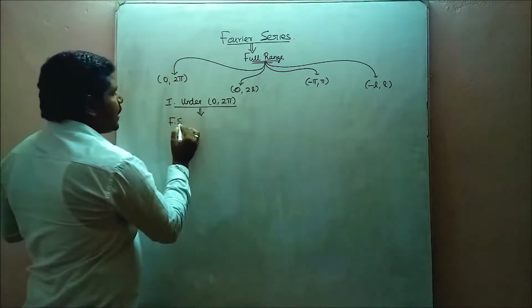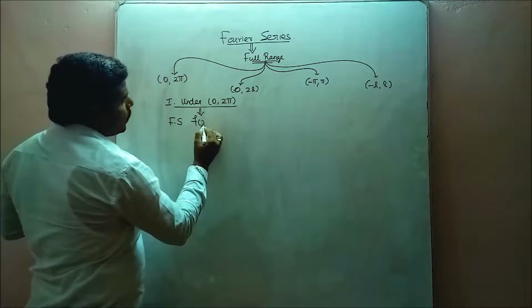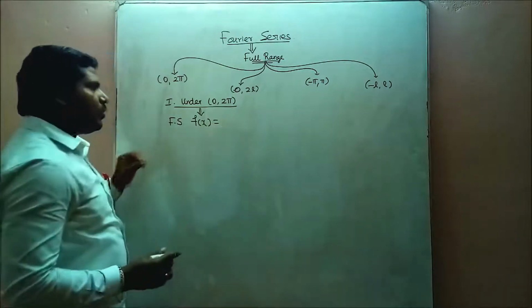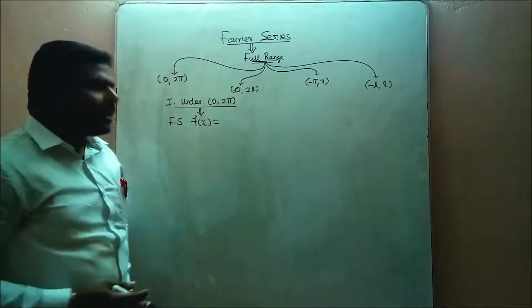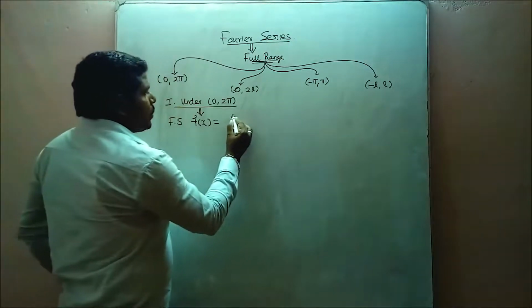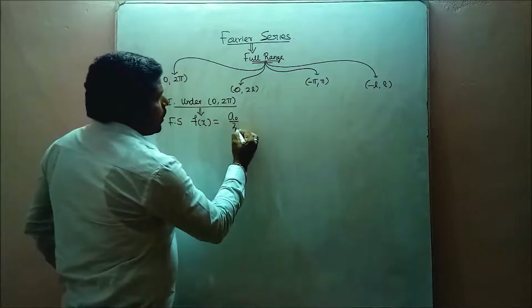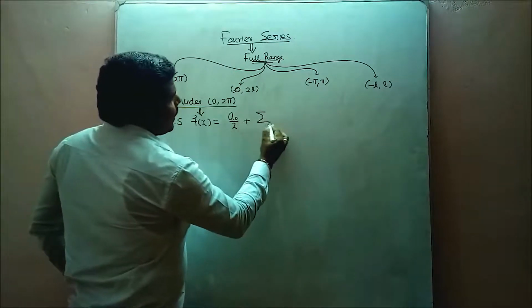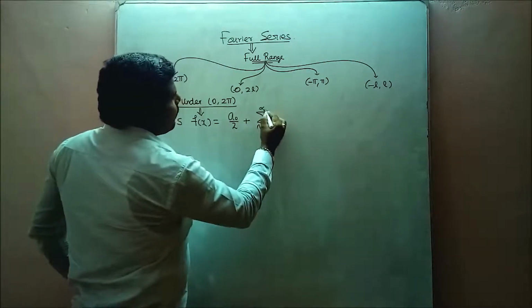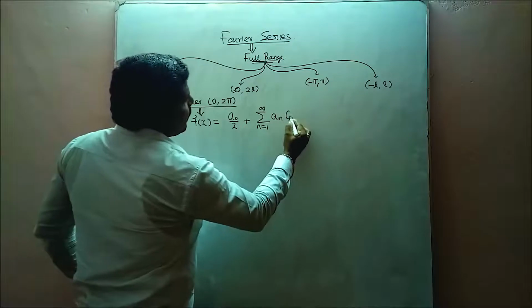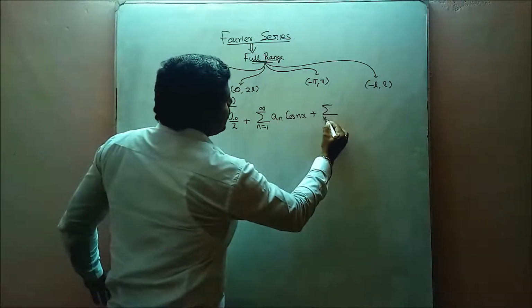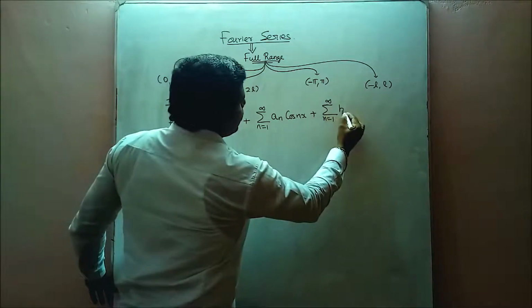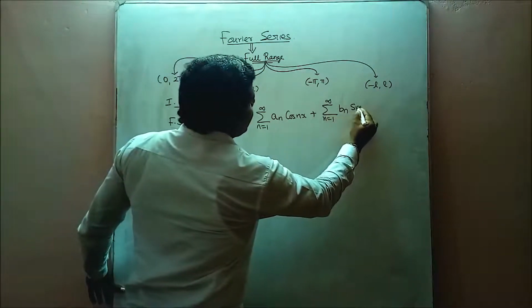So the Fourier series f of x is equal to, in the interval அப்படின்னு நீங்க புரிஞ்சுக்கிட்டீங்கன்னா, so f of x is equal to a0 by 2 plus sigma n is equal to 1 to infinity an cos nx plus sigma n is equal to 1 to infinity bn sin nx.